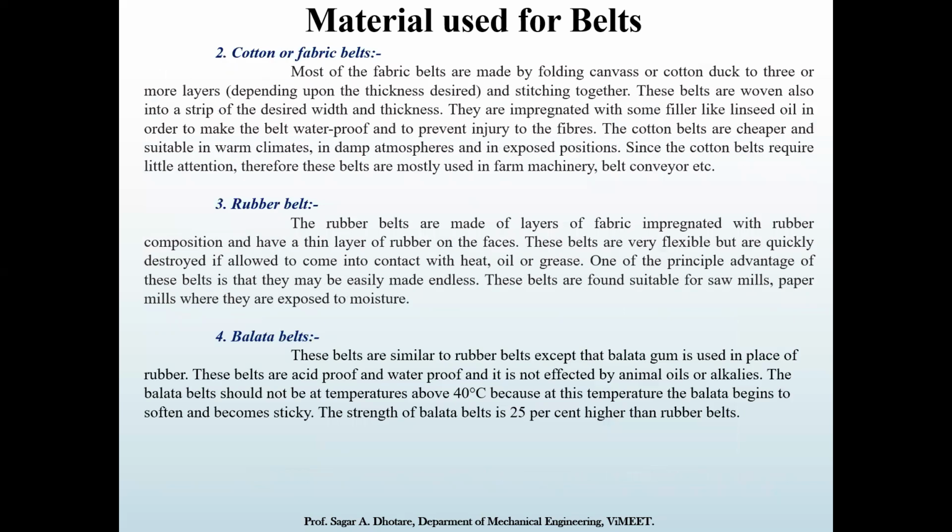Next one is cotton. Most of the fabric belts are made by folding canvas or cotton duck into three or more layers, depending upon the thickness we decide, and stitching them together to create a thickened belt. These belts are also wound into strips of desired width and thickness.